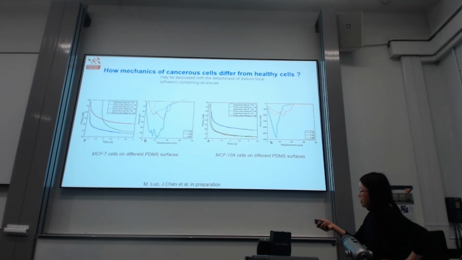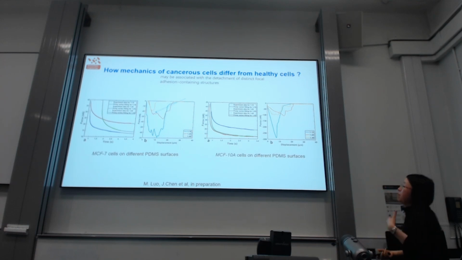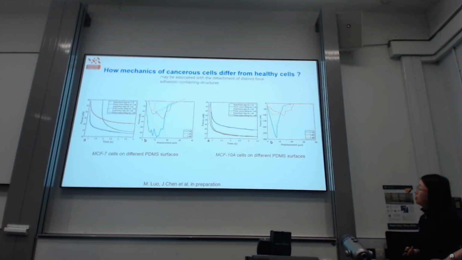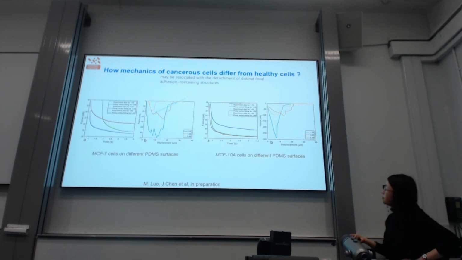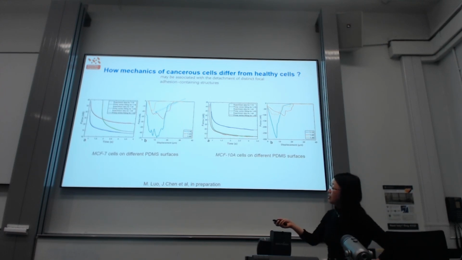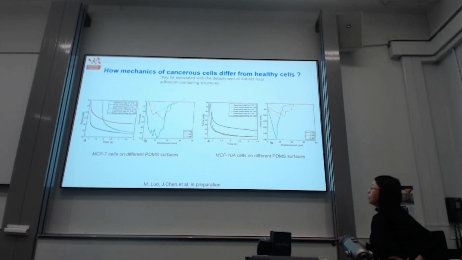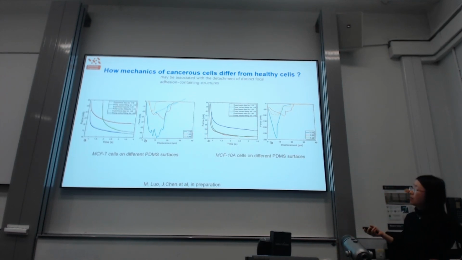And in the detachment test, we can also see that all these events are associated with detachment of adhesion-containing structures. Just in case you may not be familiar with the biology, MCF7 cells are the breast cancer cells, and MCF10A are the healthy epithelial cells.